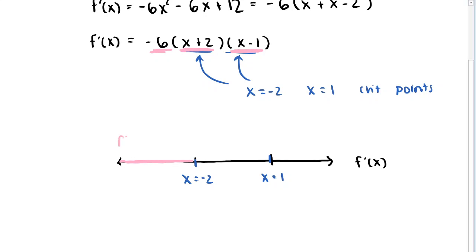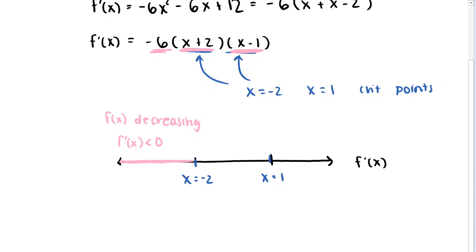So here, f prime of x is less than 0 when we're looking at x values less than -2. And so this is telling us that when the derivative is negative, the original function f is decreasing. Right? The slopes of the tangent lines are negative. That's telling us that the original function is decreasing.